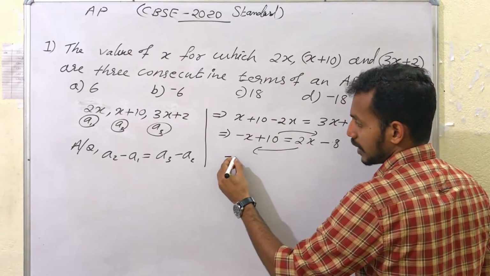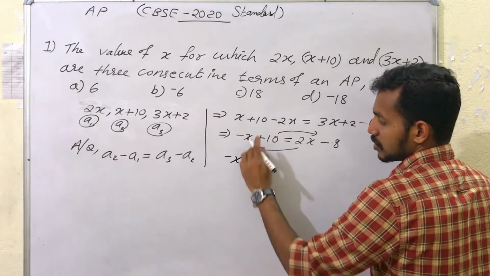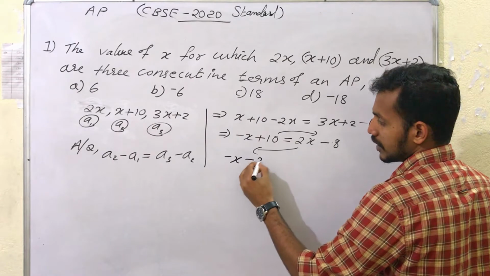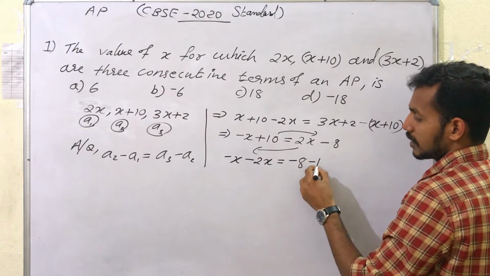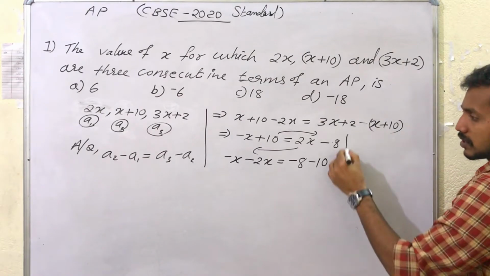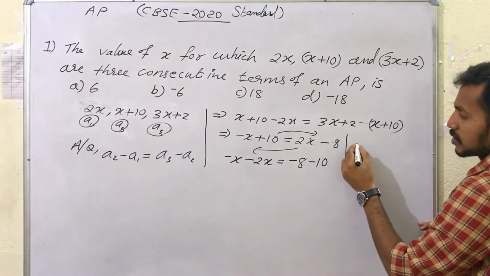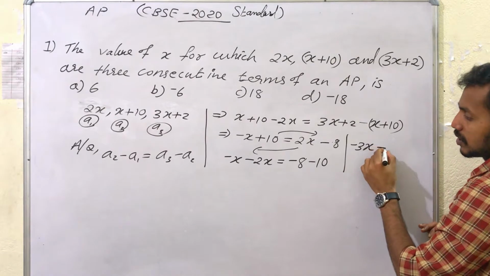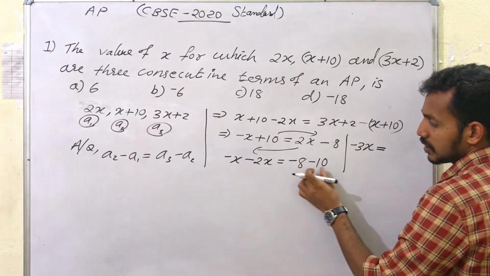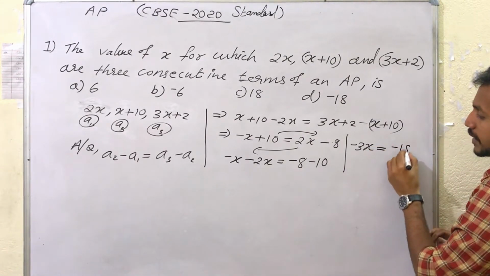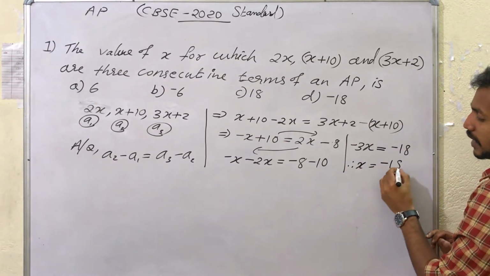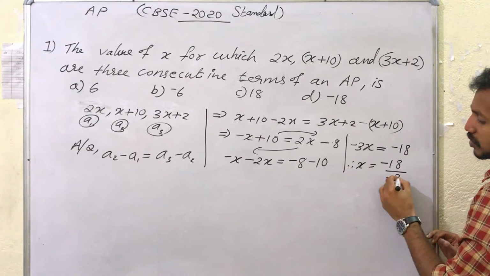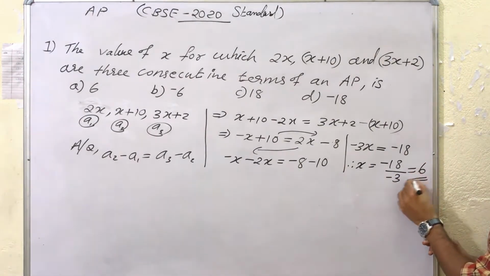So we get minus x minus 2x, that is minus 3x, equal to minus 8 minus 10, which is minus 18. Therefore, x equals minus 18 divided by minus 3, which is equal to 6.